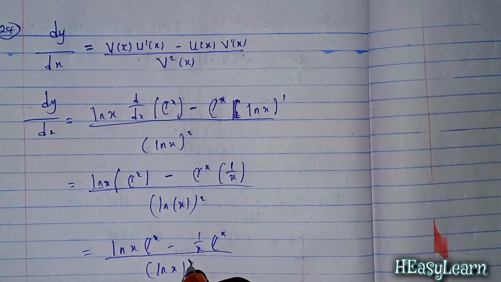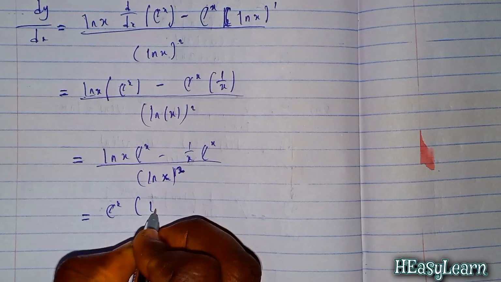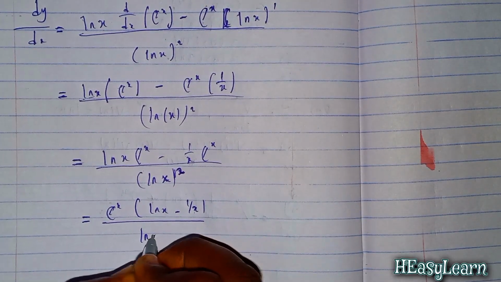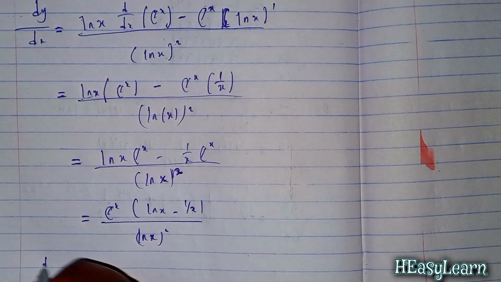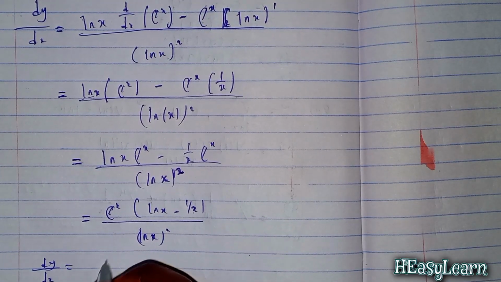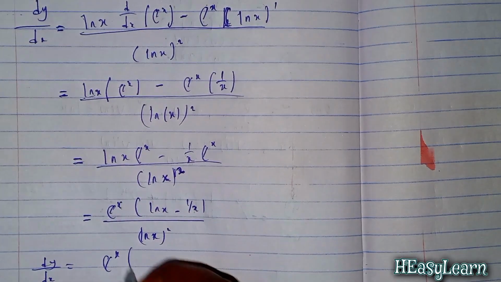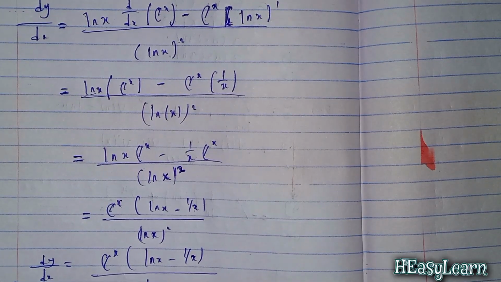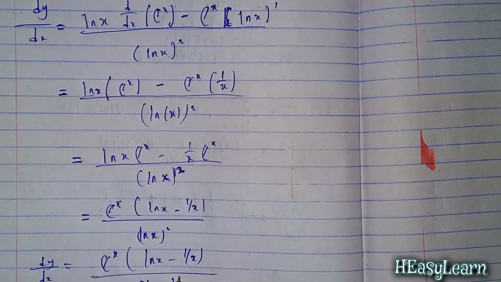Exponential x is common. Exponential x is common. (ln x minus 1 over x) over (ln x) all squared. So the derivative of this function is exponential x (ln x minus 1 over x) over (ln x) all squared.